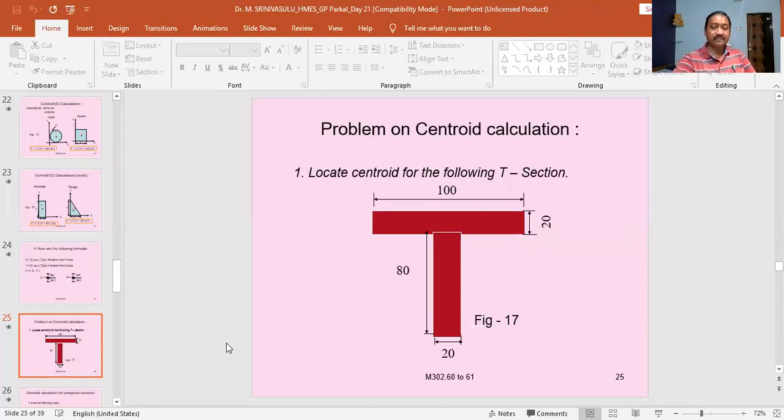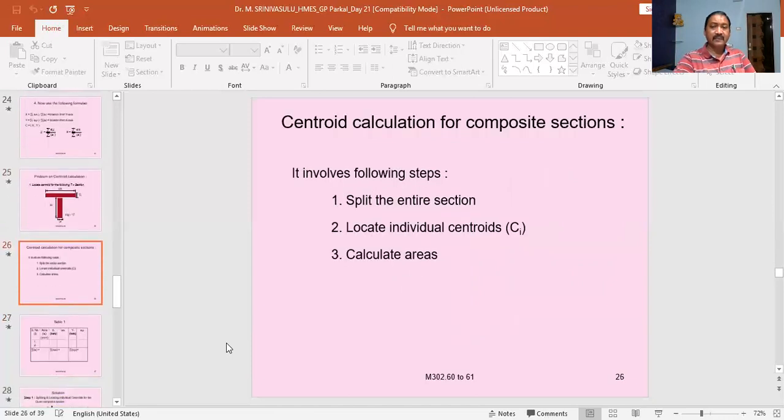Now this is the figure. Now coming to the solution. Here the following steps can be followed to find the centroid of the given composite section.